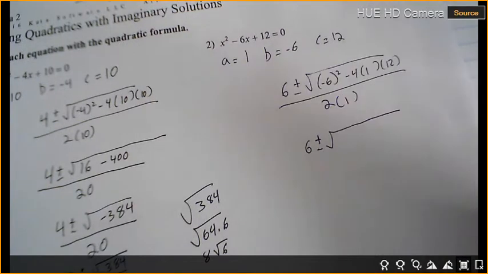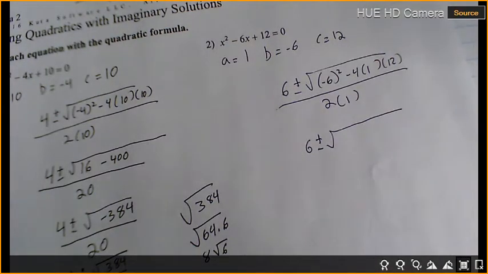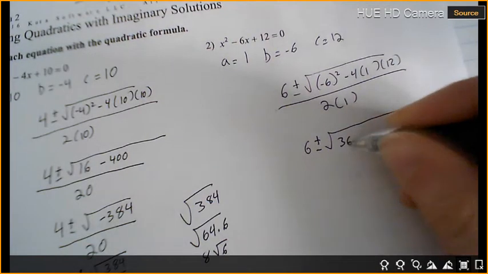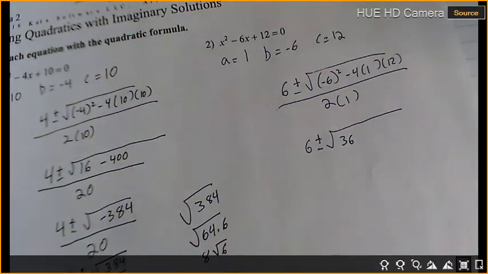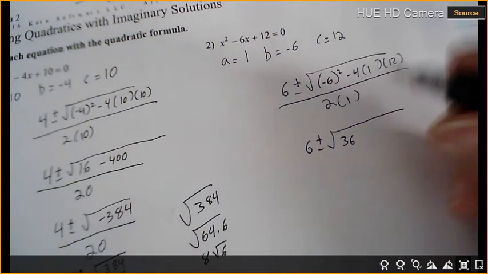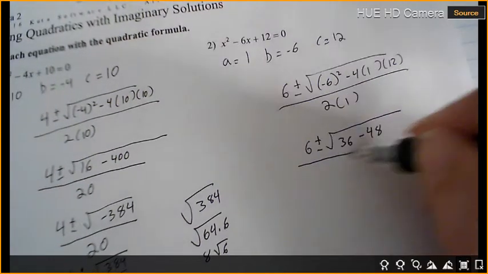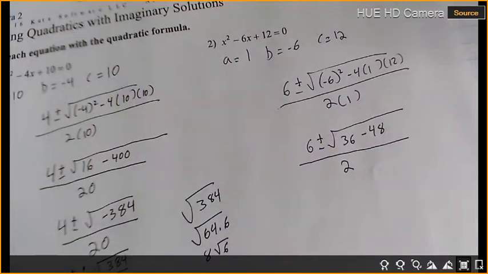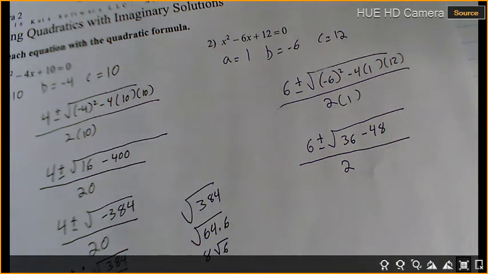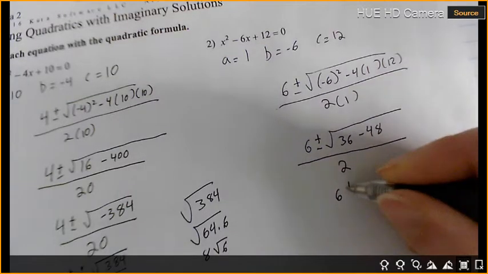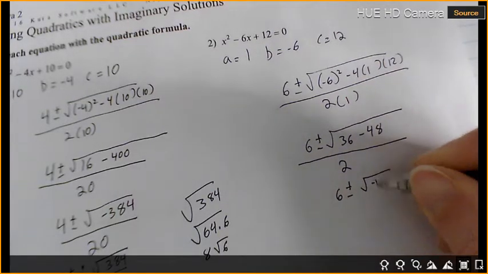What's 6 times 6, guys? Okay, and then 4 times 1 times 12 is 48, all over 2 times 1 is 2. So 36 minus 48 gives us what? Negative 12.